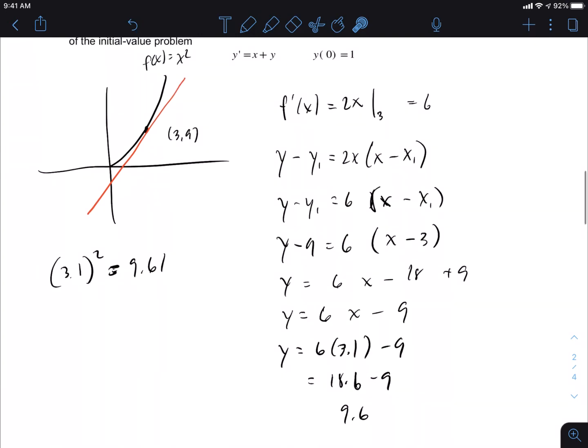Now, what ends up happening, though, problematically, is if I use this one curve and I go further away from 3, so let's say I went to 3.5, isn't my approximation going to be far under?